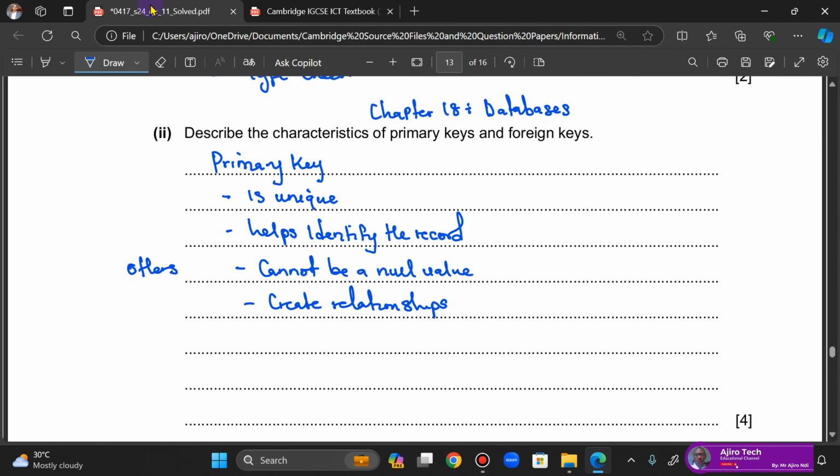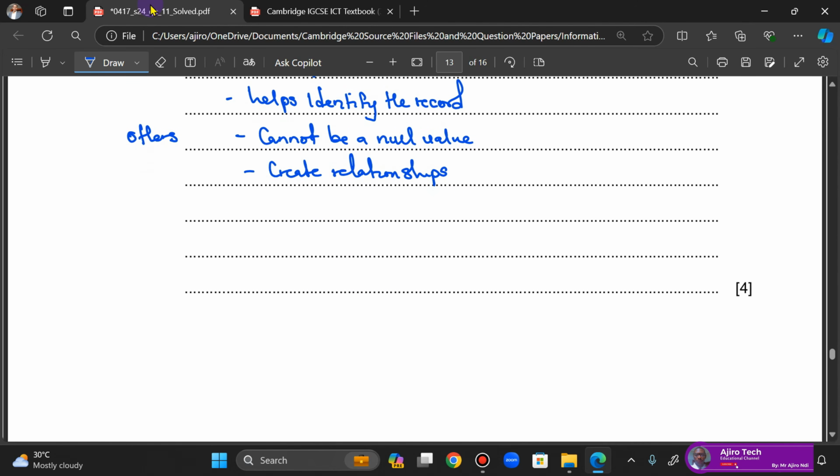Okay, now let's talk about the foreign key. Now for foreign key, you can have a null value.